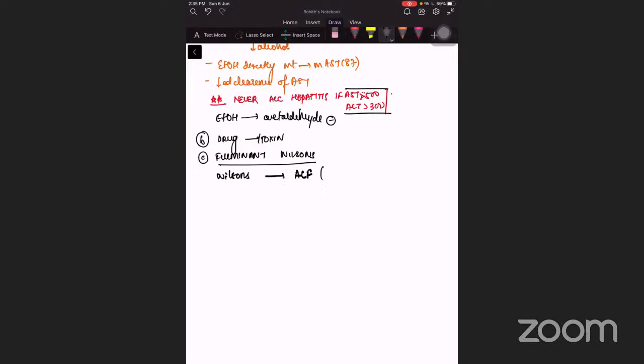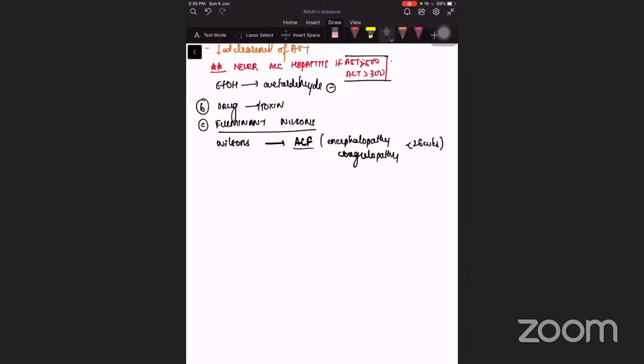We call it acute liver failure if the patient develops encephalopathy and coagulopathy within 26 weeks of the insult. So this is ALF. Because acute liver failure has multiple reasons, in this condition they have found two things that are very useful.